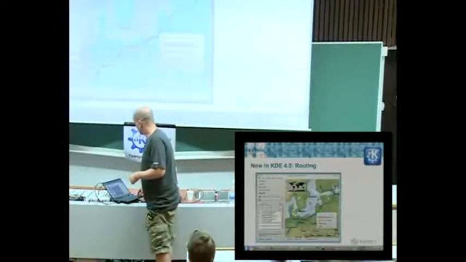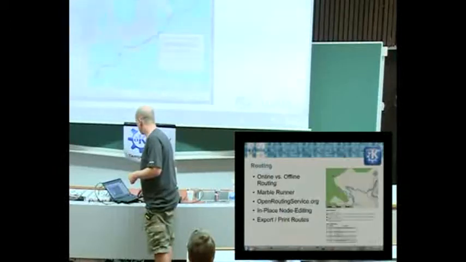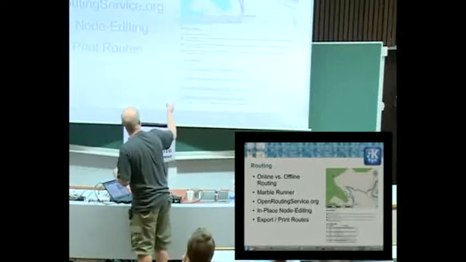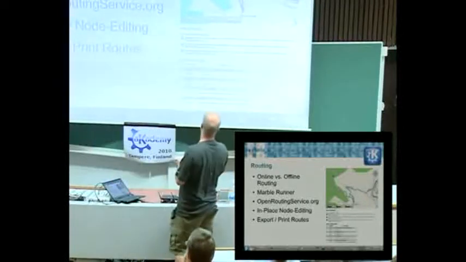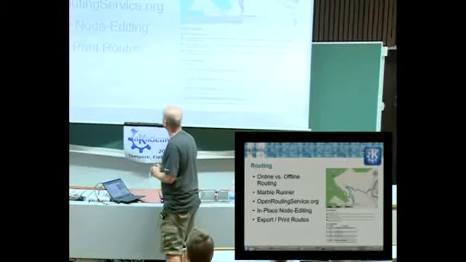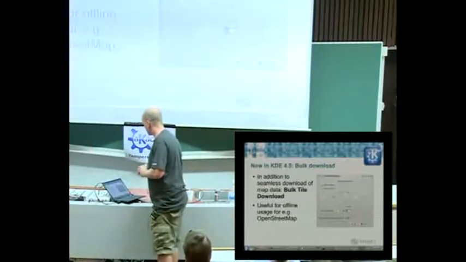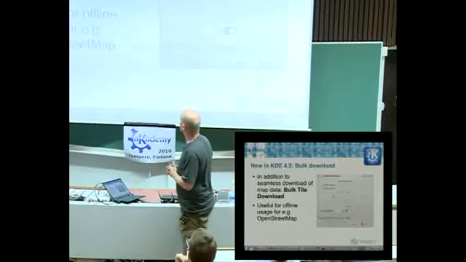So that's an important feature for the Marble mobile version. We also have support for some decent printout of the results. The other stuff is something that I had mentioned already during the live presentation.